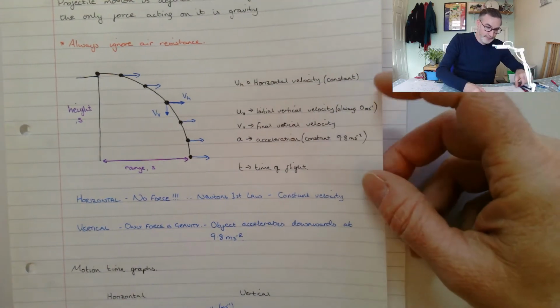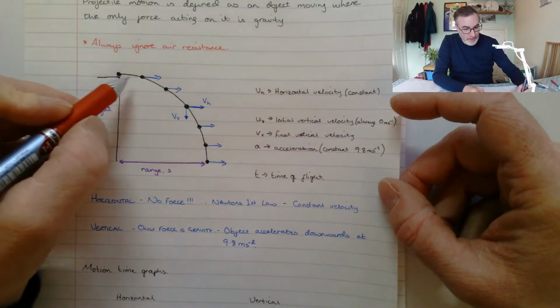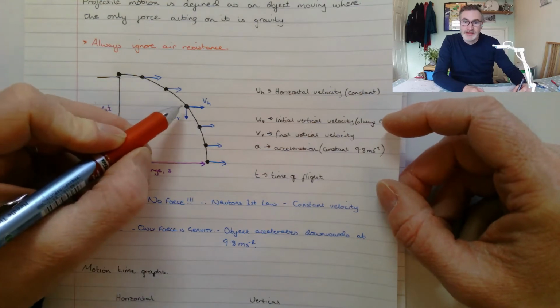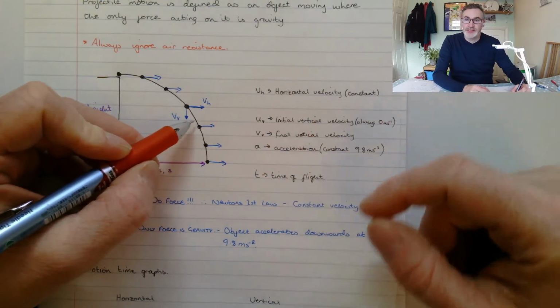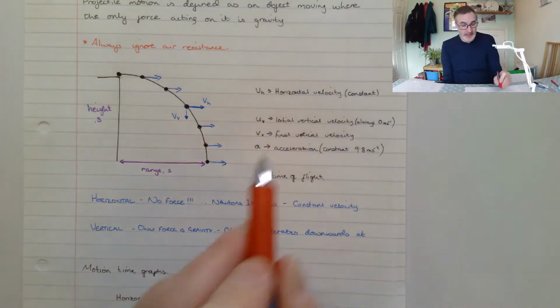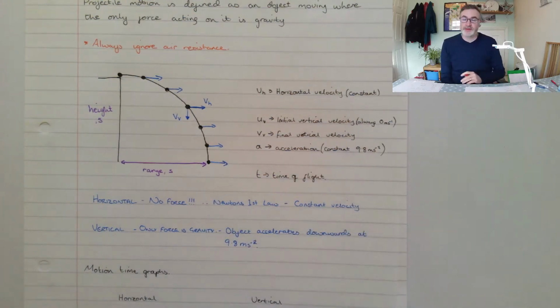As it starts to fall, it's accelerating at a rate of 9.8 meters per second squared. And what does an acceleration of 9.8 meters per second squared mean? Every second the speed increases by 9.8 meters per second.